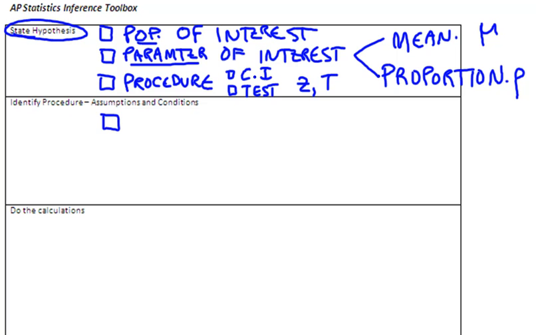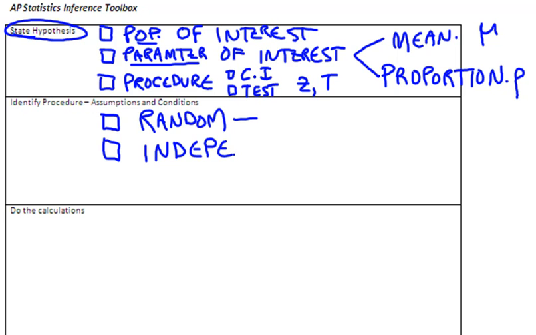Okay, in the second section, you should know this very well right now. You have three conditions that are always going to be true. My sample needs to be random. I need to make some explanation of how the sample I took is as similar as possible to the population in makeup in all ways. I need to know that my sample is independent. This has to do with sample size.